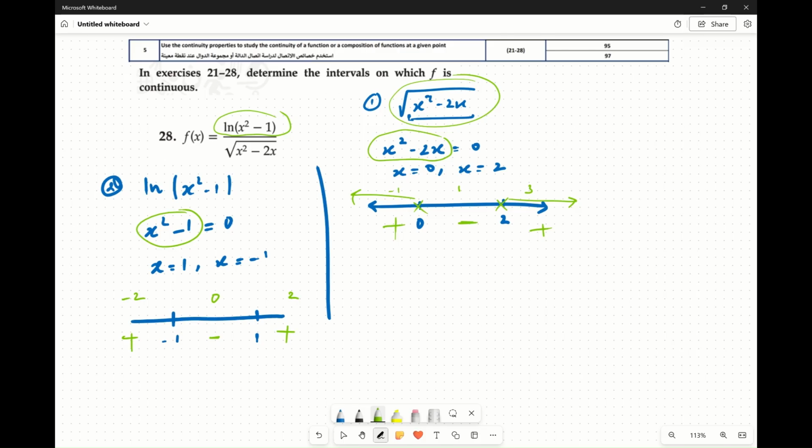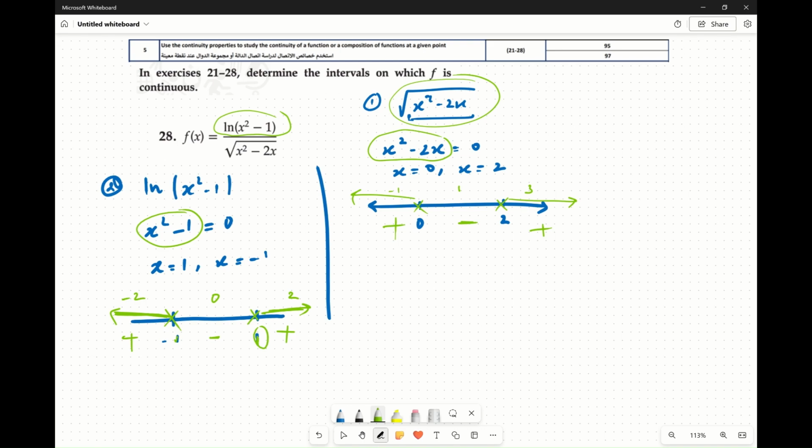So this means this is continuous anywhere more than 1 and anywhere less than minus 1, not including the 1 and the minus 1. Why? Because they will make the inside of the ln 0, which is not allowed.